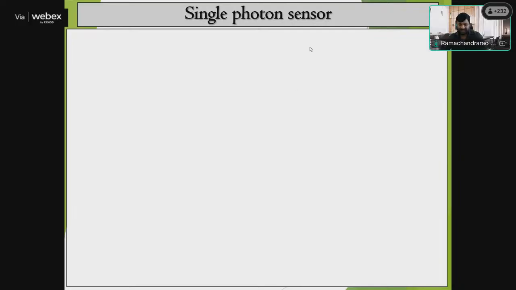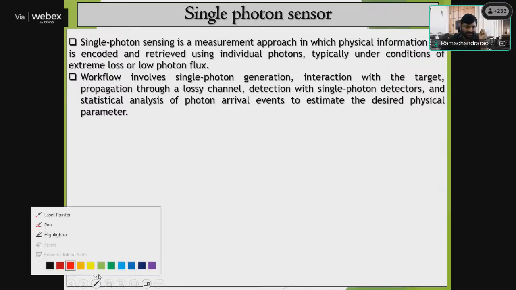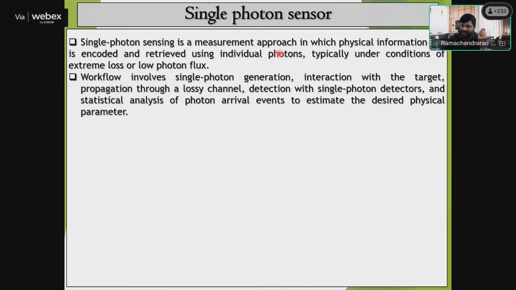Okay, the single photon sensor essentially means that in the measurement approach, the information is encoded and retrieved using a single photon, only one photon of the field. This typically involves: first you have to generate a single photon, and it has to interact with the target.